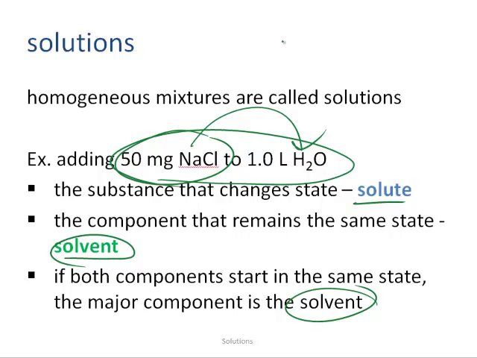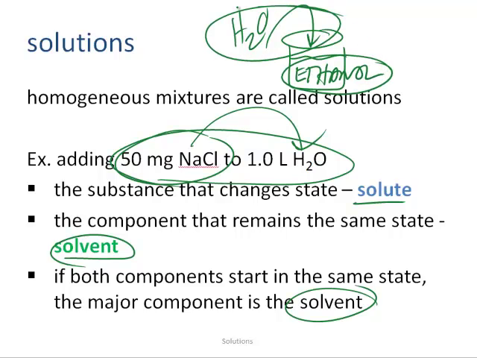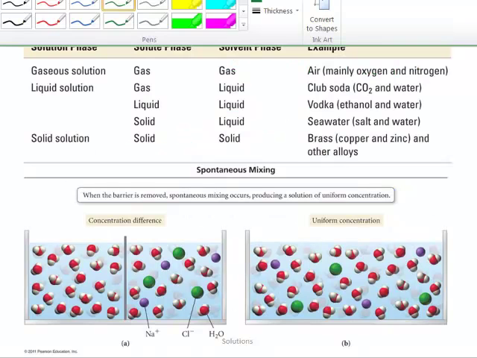But if you take a small amount of water and you dissolve it in a larger amount of, say, ethanol, ethanol is your solvent, water is the solute. Okay. Again, these can be any homogeneous solution.